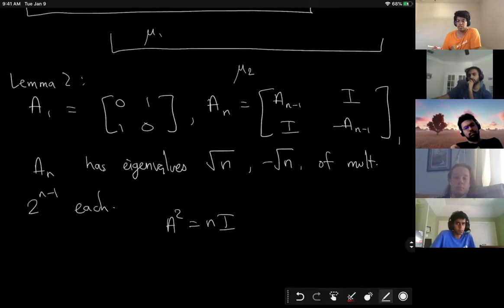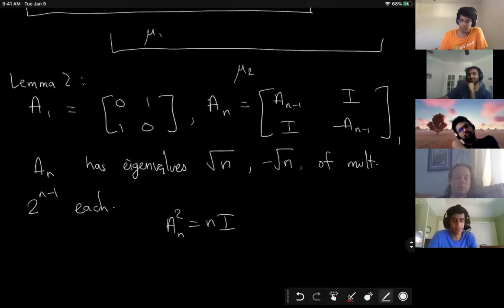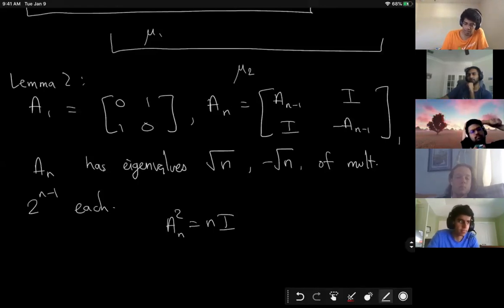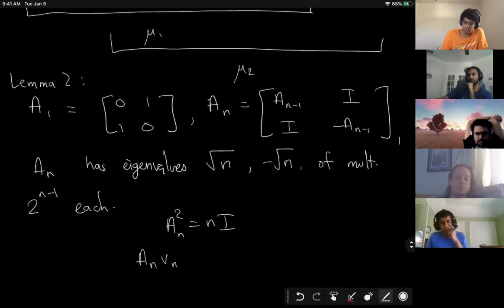Would this be good? That'd work, right? Yeah, so this is basically all you need. To prove that this implies that the eigenvalues are root n and negative root n, you can take some arbitrary eigenvector vn with An vn equal to lambda vn.